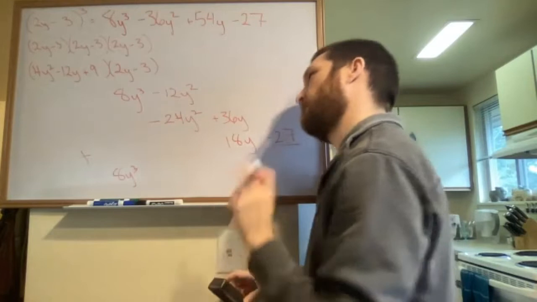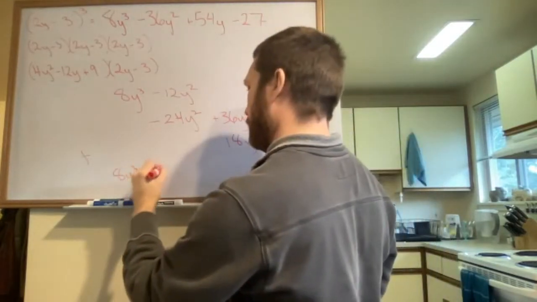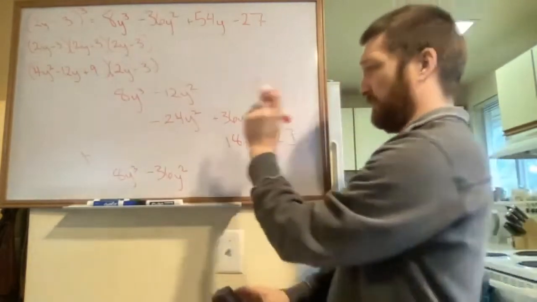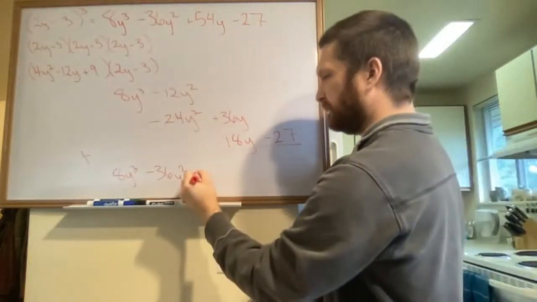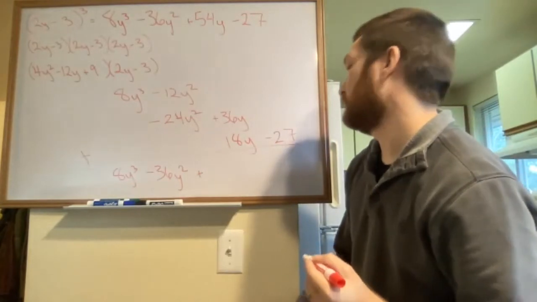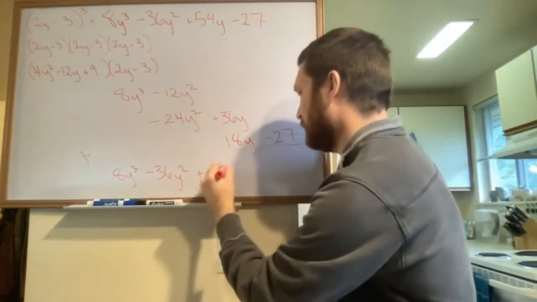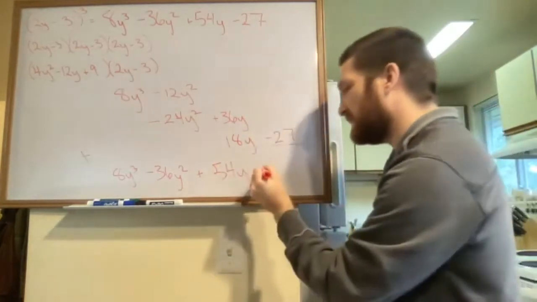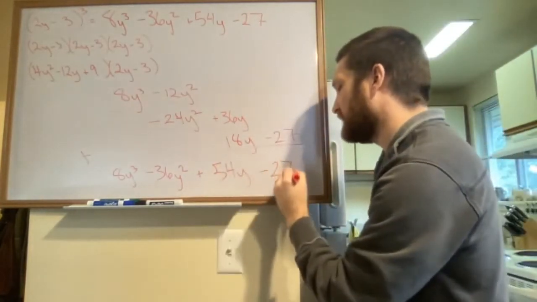Minus 36y squared. This is looking good, right? It's matching up there. Now, what about 36 and 18? 54y. And then finally, minus 27 is just a minus 27.